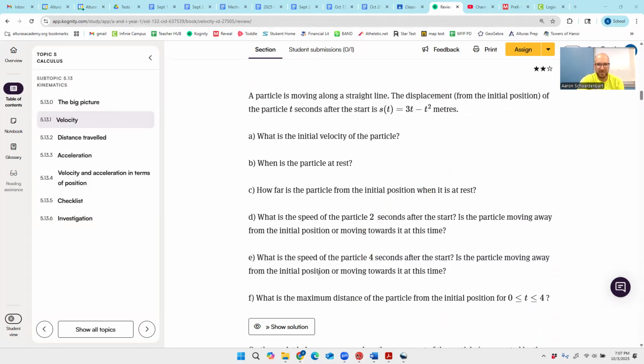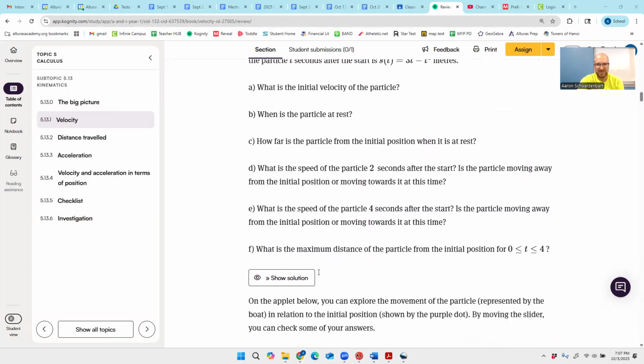What is the speed of the particle 4 seconds after its start? Okay, now I'm going to do v of 4. Back to, we had v of t equals 3 minus 2t. At 4, v of 4, 3 minus 2 times 4 is -5.